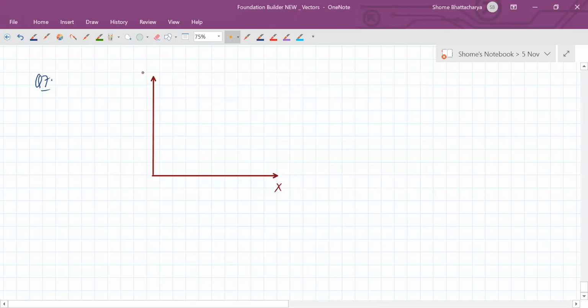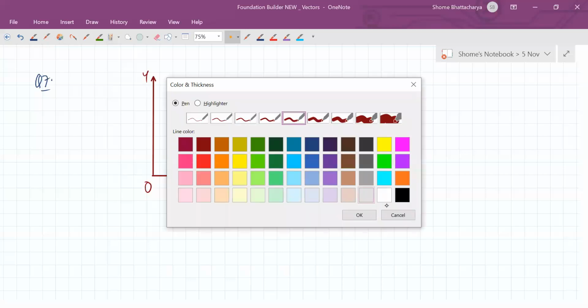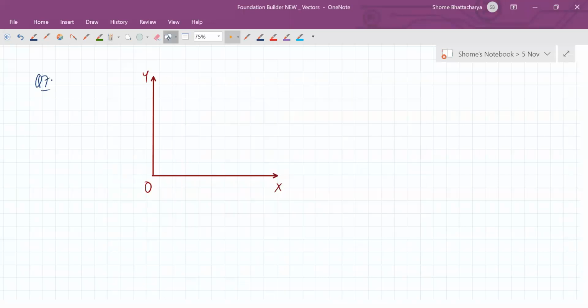So this is my XY system, and there is some kind of a vector which is, let's say, like this, which, let's say, making an angle alpha over here.